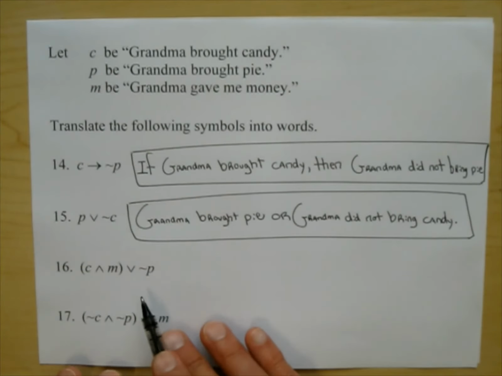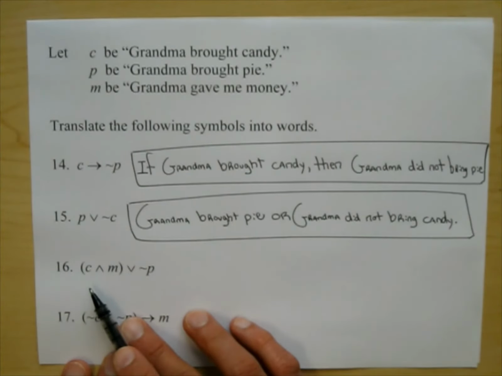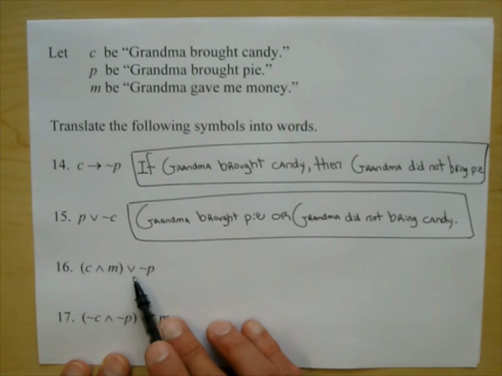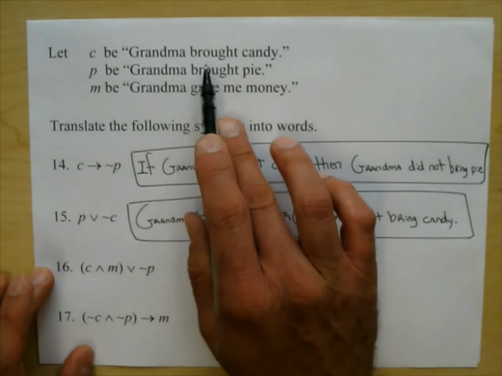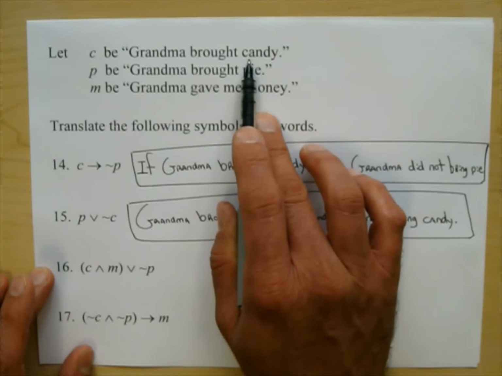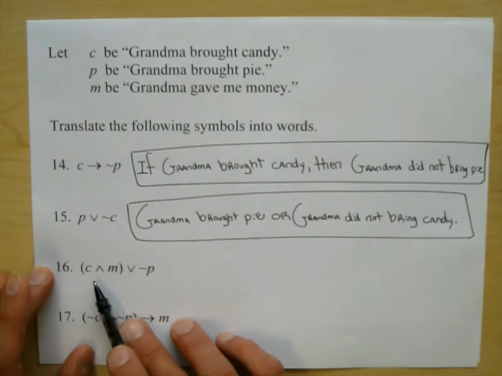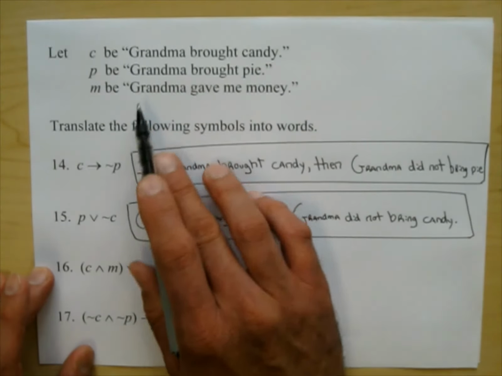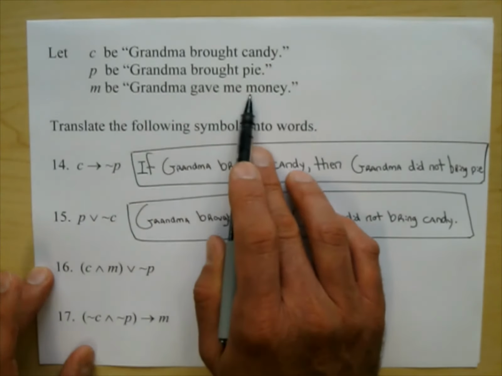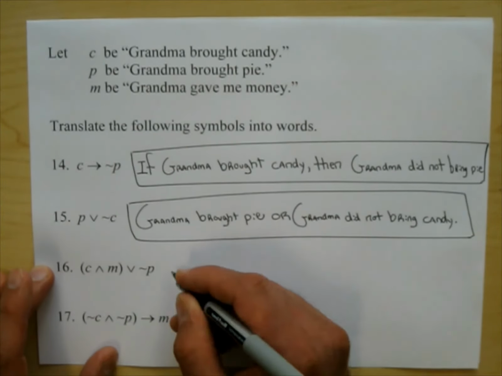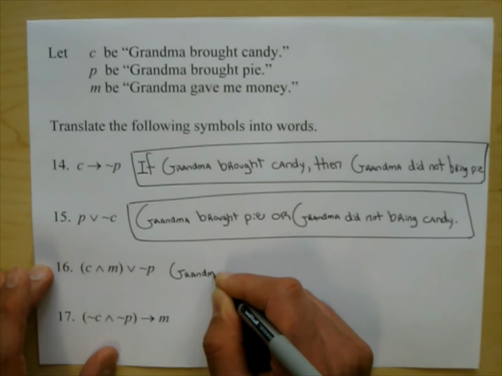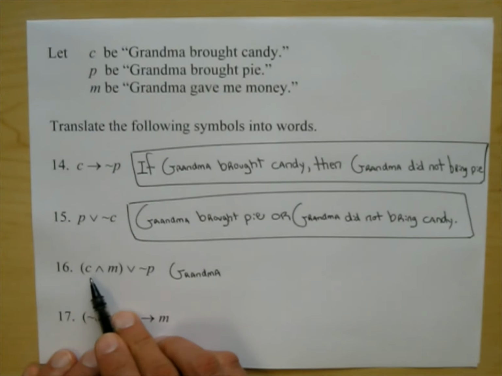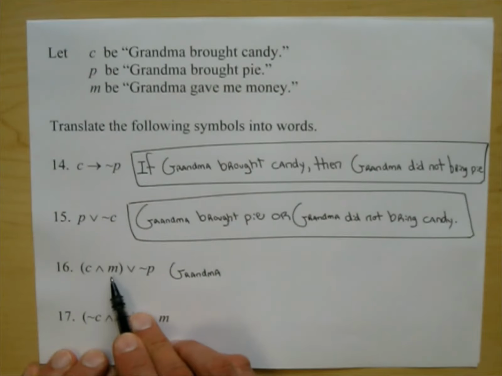Let's finish these up here. Problem number 16. We have C and M or not P. So C is Grandma brought candy, and M is Grandma gave me money. So we could put those together and say Grandma brought candy and gave me money.